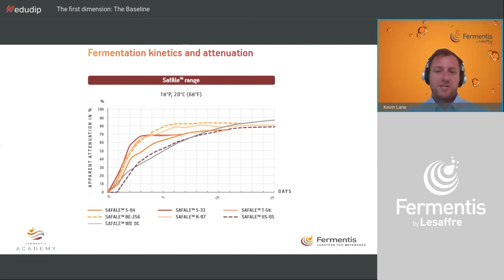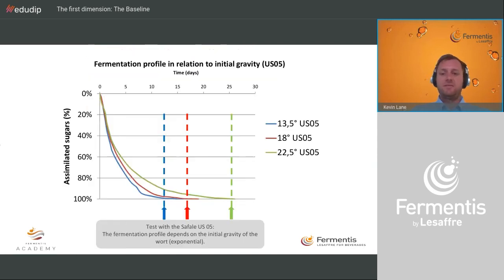So there's a lot of information in fermentation kinetic graphs. We're not going to go through each strain individually, but this is something that you can look at in the tips and tricks to see where you could expect one of these strains to be in a related media, meaning a similar starting Plato with 20 degrees C.